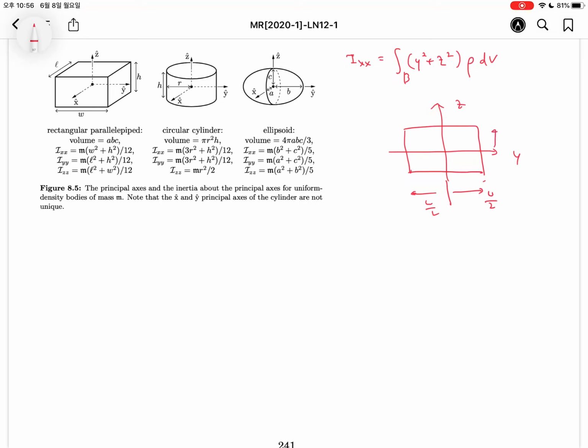How about that? This is the height, h over 2. Let's take a small mass. The coordinate value of the y-axis will be y. This is the z. Maybe this mass will be denoted by rho dv.